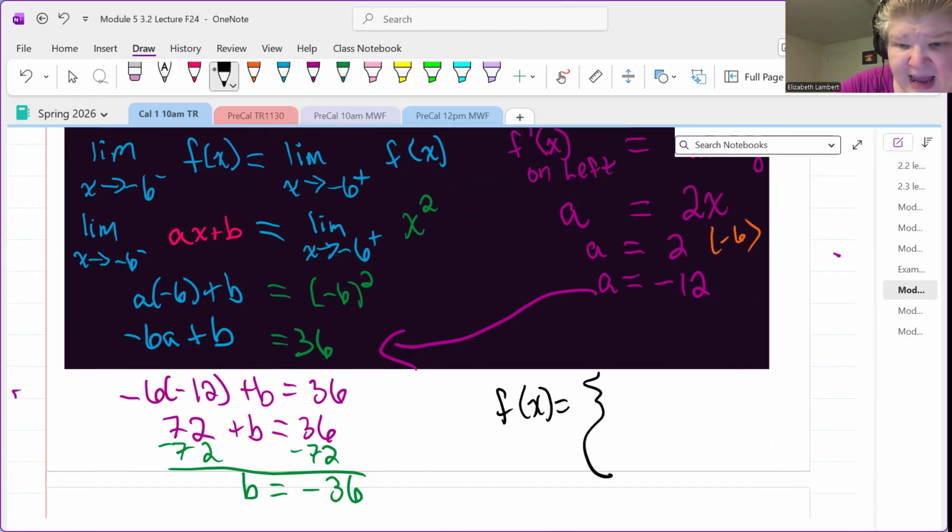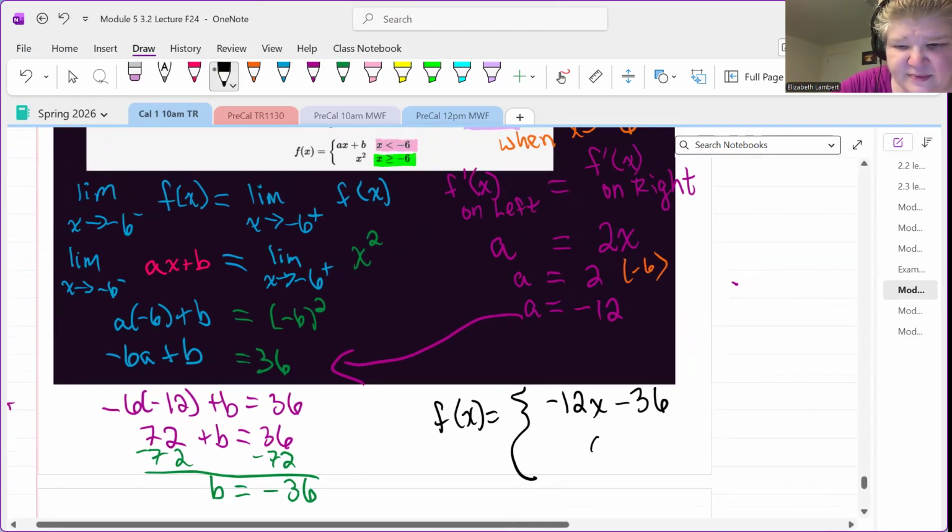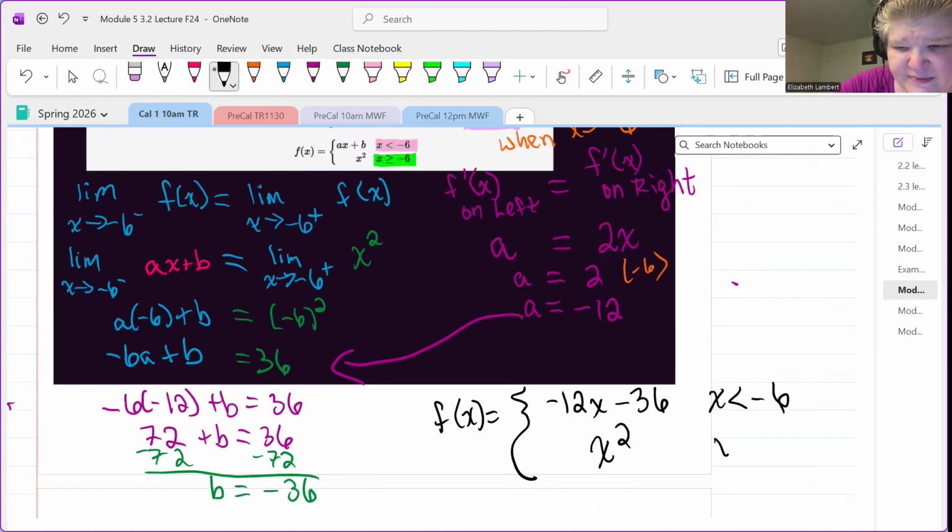So my function now, if I want to define it, if I fill in my a, which is -12, next to the x, and then it would be -36, and then it's still x squared, and our boundary point is that -6.